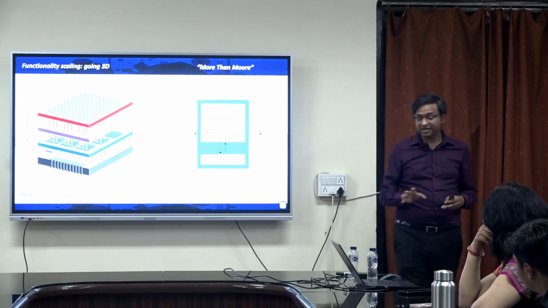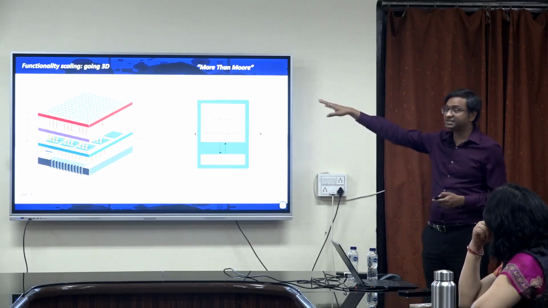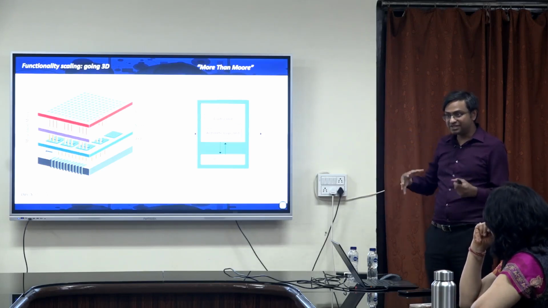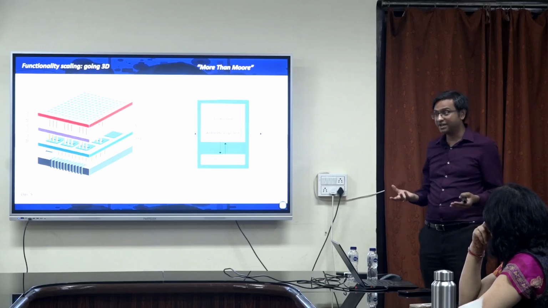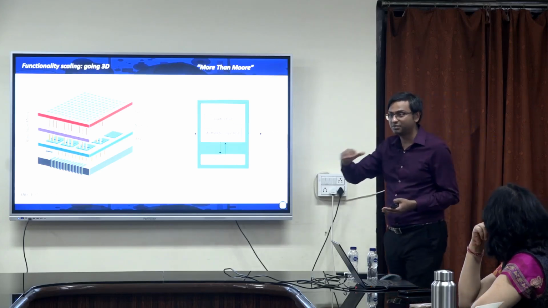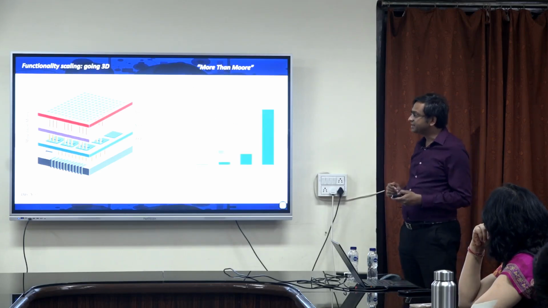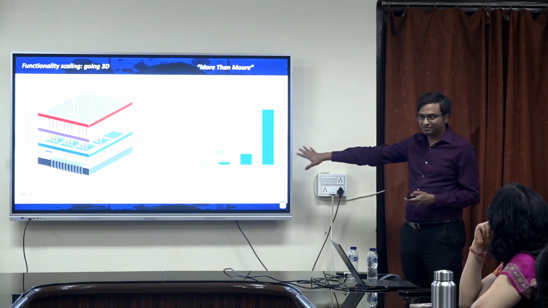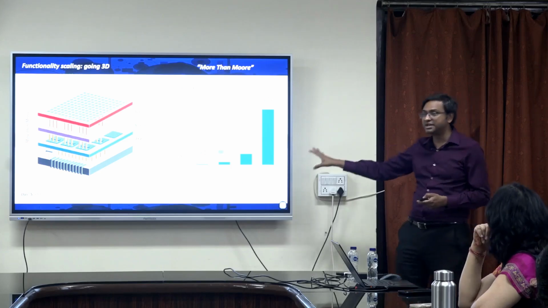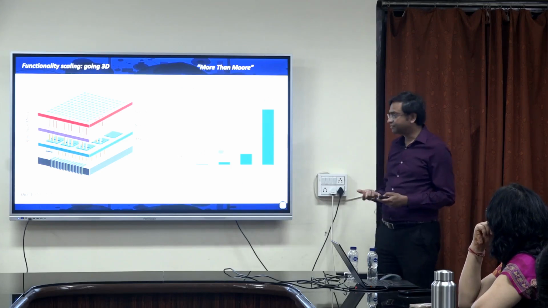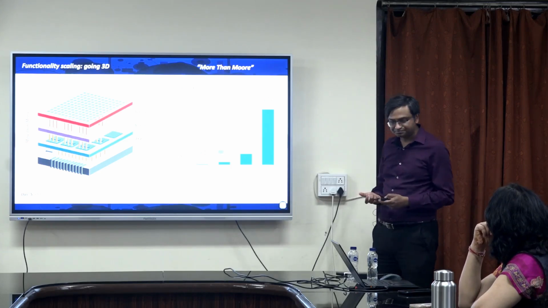You can do this kind of functionality scaling as well, and one tier could be for sensing. So, everything is now compact, just like how your brain works, right. Your different tiers of neurons simply do different functions. That is something you can do with this 3D integration. And this is a slide that you have already seen. So, this can actually mitigate a lot of energy challenges for the next generation of neuromorphic and AI chips.